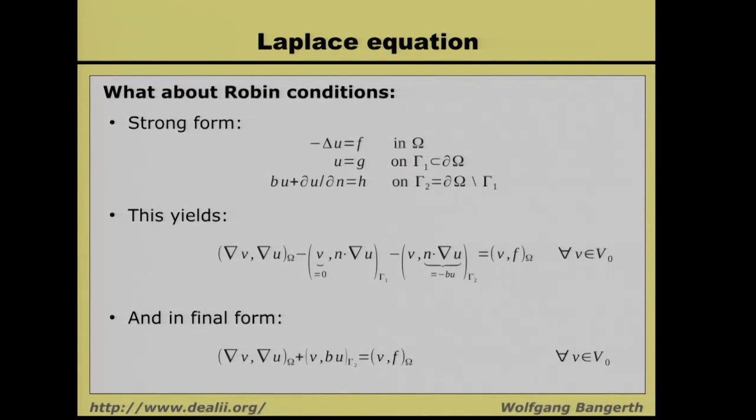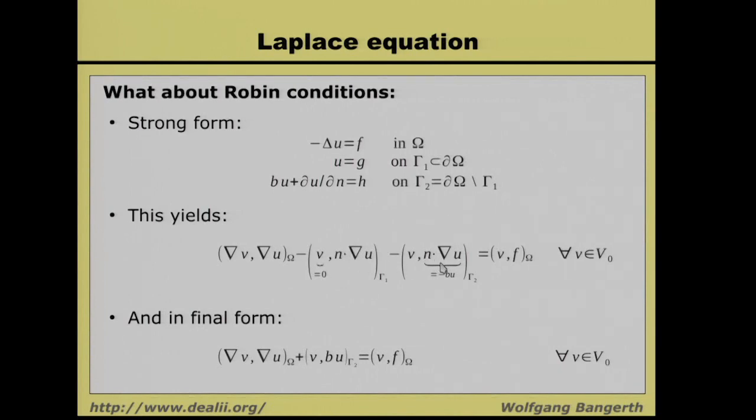What about Robin conditions? If you have Robin conditions, they have the form b times u plus du over dn equals h. And then you go through exactly the same formalism again. You multiply this with the test function. You integrate by parts. You get a boundary term. You look at the boundary term again. On gamma 1, u equals g, so v equals 0, so this term disappears.